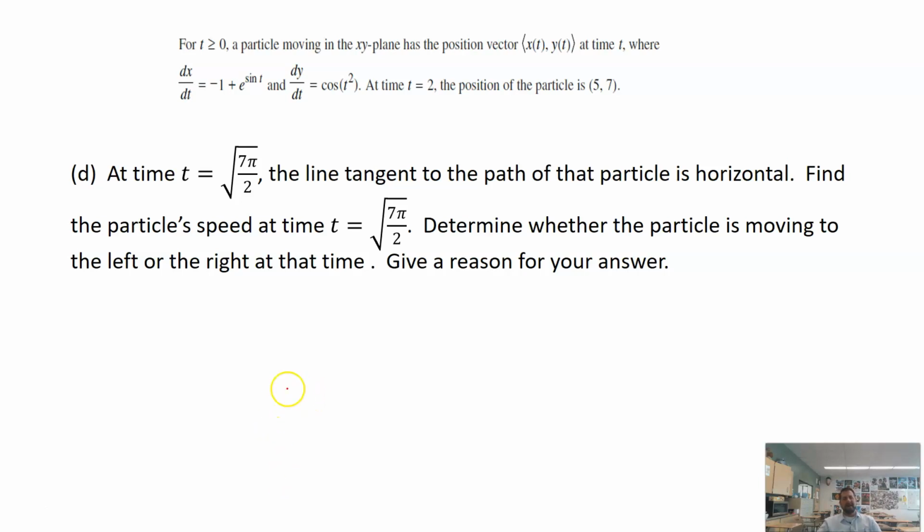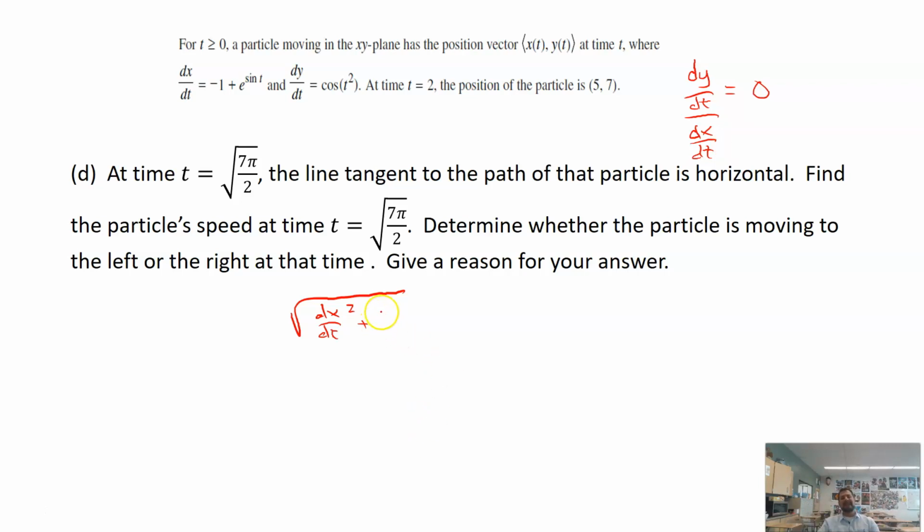Now, in order to find the particle's speed, I am going to use my speed function, the square root of (dx/dt) squared plus (dy/dt) squared, but this is where it gets a little bit tricky. In order for the line to be horizontal, the slope of our tangent line, dy/dt over dx/dt, has a top equal to 0, so that's going to be a horizontal tangent line.